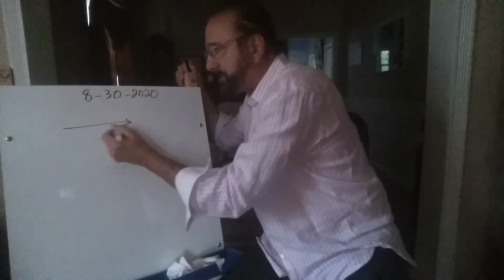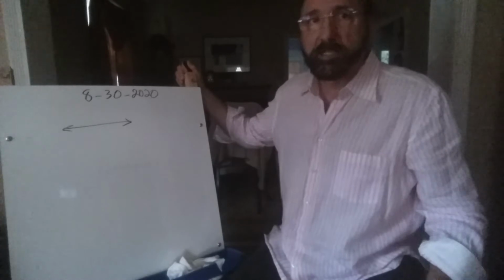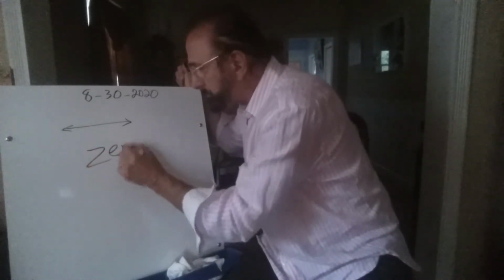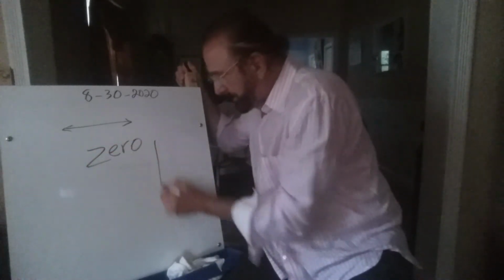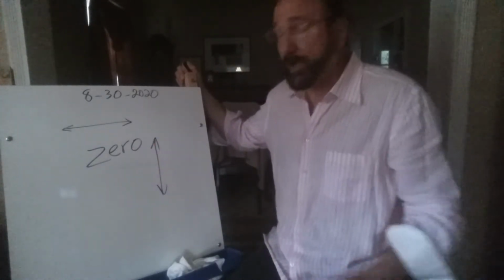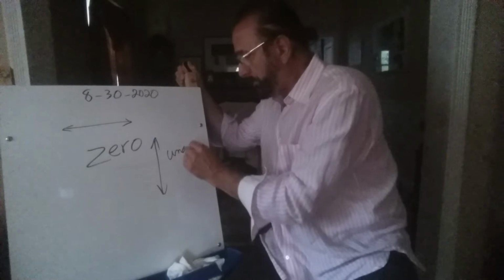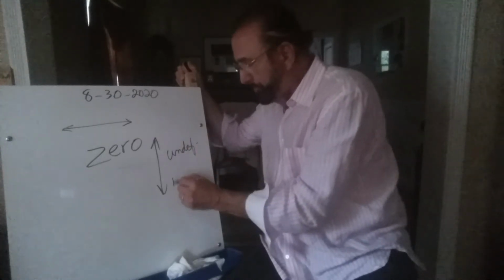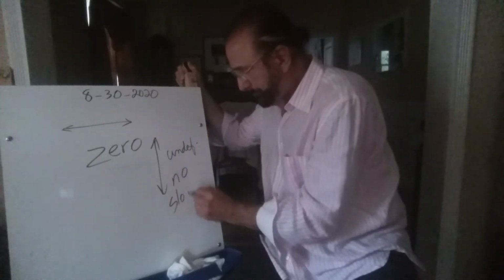Where it gets tricky is when you have a line like this. Well, what kind of slope is that? That's a 0 slope. If it's like this, that's undefined, or no slope.